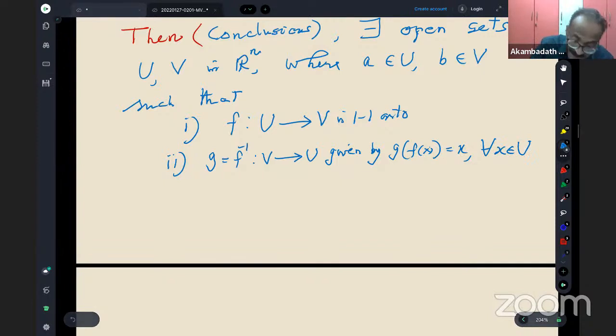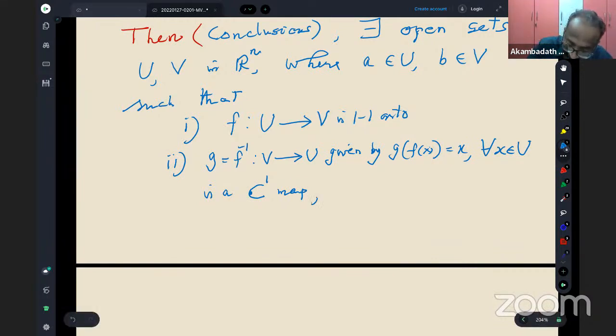It's also a C1 map. It's not only that you can find neighborhoods, the inverse retains the smoothness of your function.